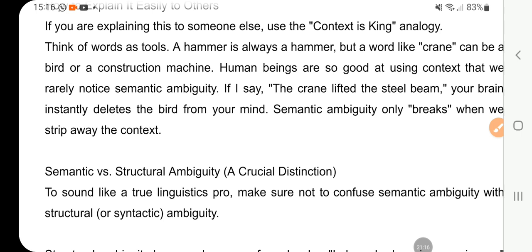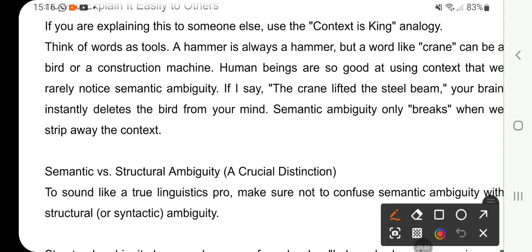So now, human beings are so good at using context that we rarely notice semantic ambiguity. If I say the crane lifted the steel beam, your brain instantly deletes the bird, because crane, right, lifted steel beam.